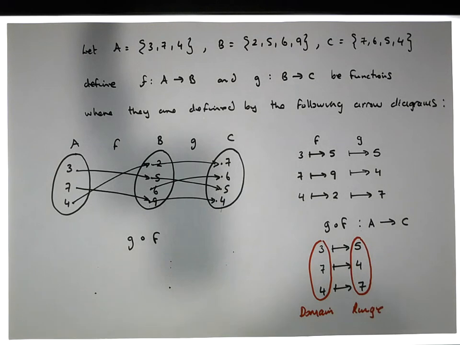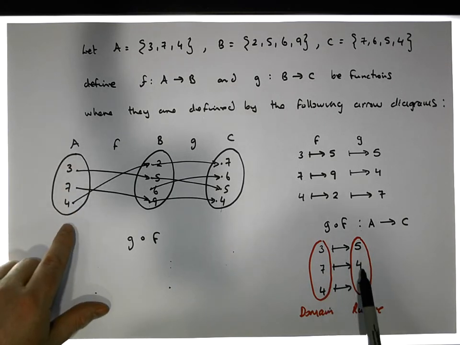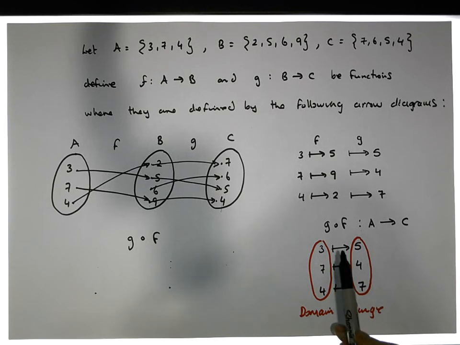Is g after f a function? Every value in the domain is taken to values in the codomain, and we don't have any double arrows leaving values in the domain.